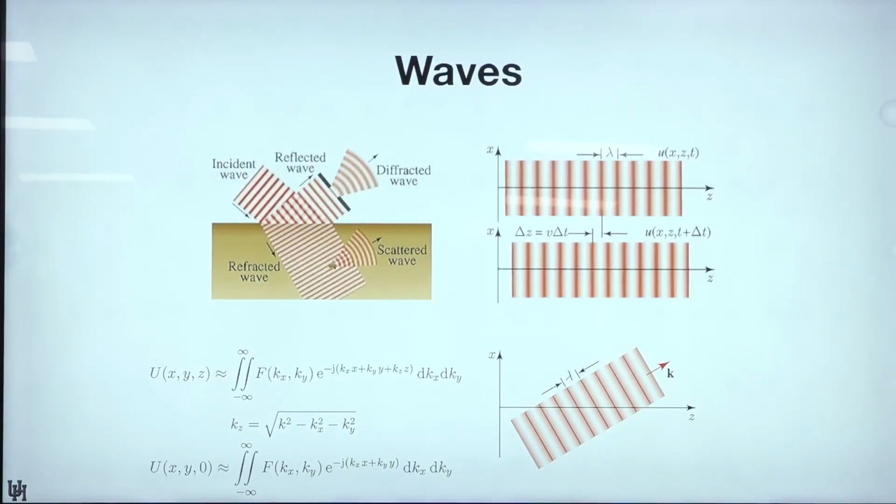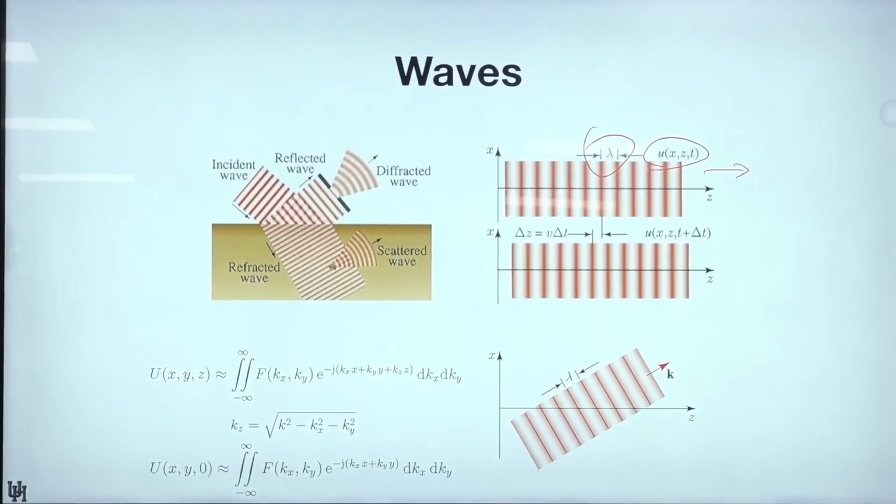Okay, and to give some basic assumptions that we are using. Typically we assume that a wave has a certain wavelength lambda. It's traveling, with a field which is described this way, going in the z direction.